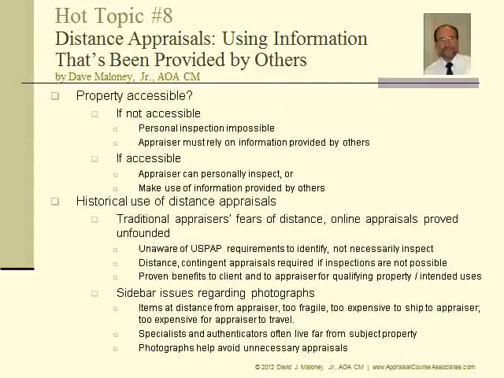When considering whether or not to make use of photographs and information provided by others in lieu of a personal inspection, of primary concern governing how the appraiser should proceed is whether or not the subject property is still available for inspection. If the item is no longer accessible, such as property stolen or lost in a fire or natural disaster, an inspection is impossible, and the appraiser has no option other than to rely on information provided by others.